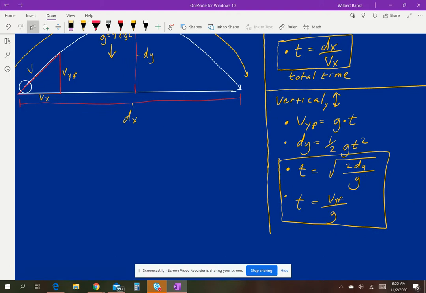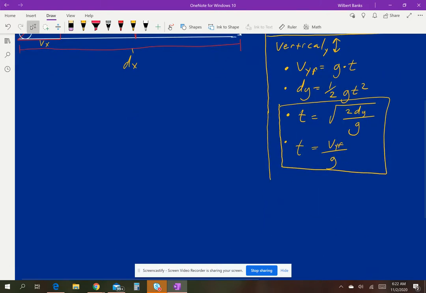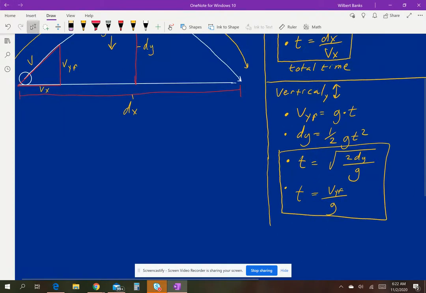Aside from that, the other things that you need to know is the sine, cosine, tangent. I'm going to put those guys down here, in which sine theta equals your opposite over your hypotenuse.